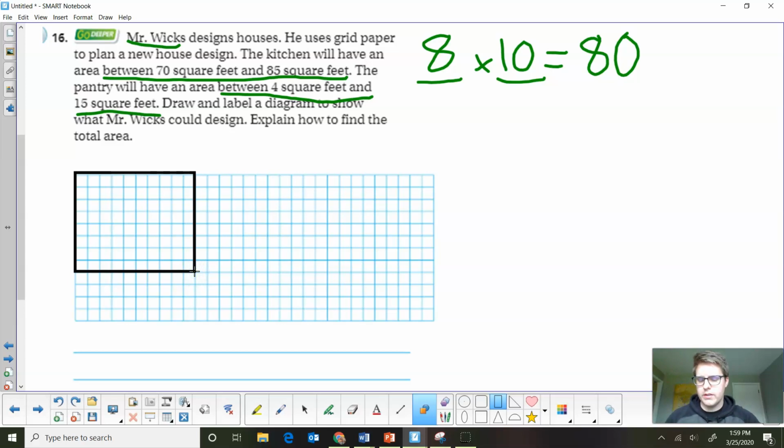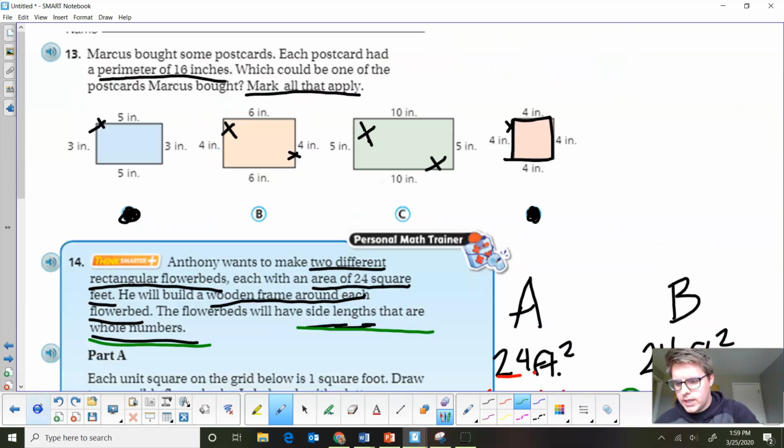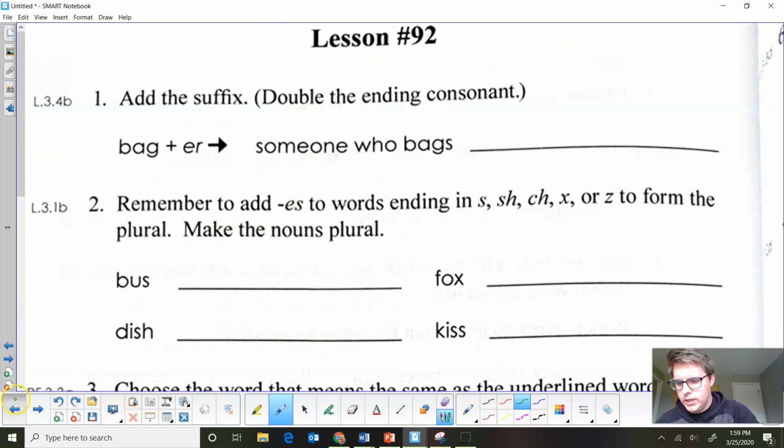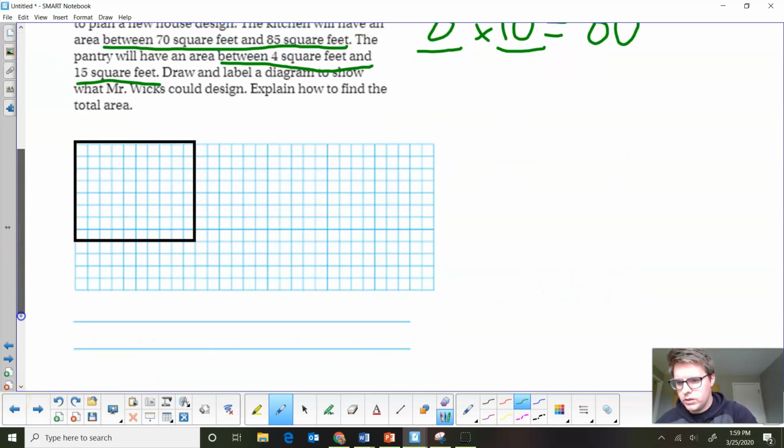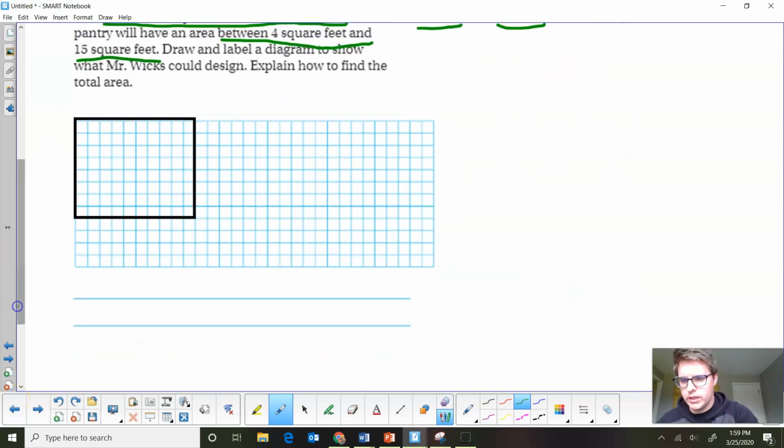Sorry, I've got old man eyes. So here we have our 8 by 10. It's important to label. Oh my gosh. Sorry. My bad. My elbow clicked the next page. So 8 by 10. That was crazy.